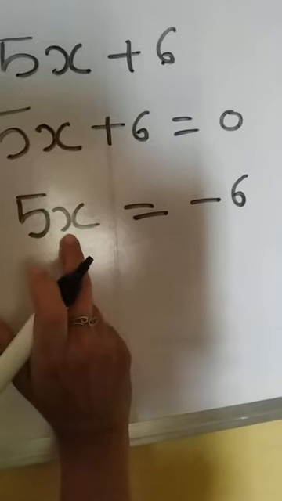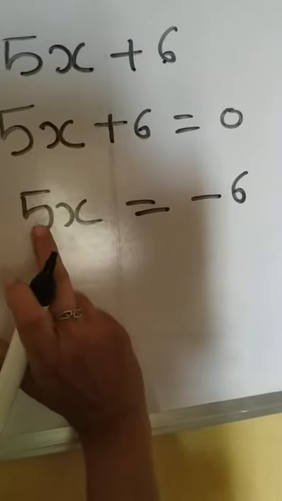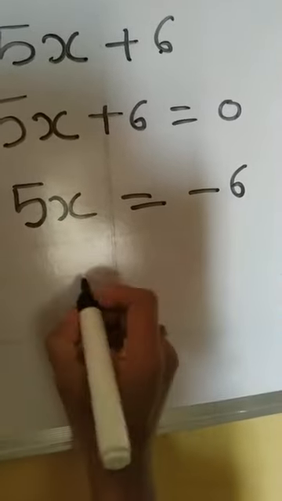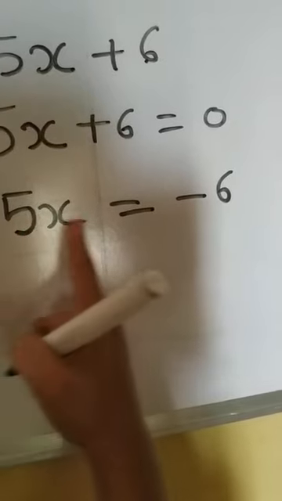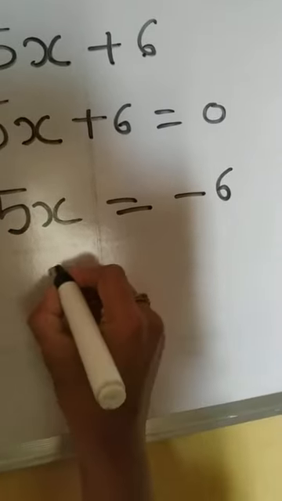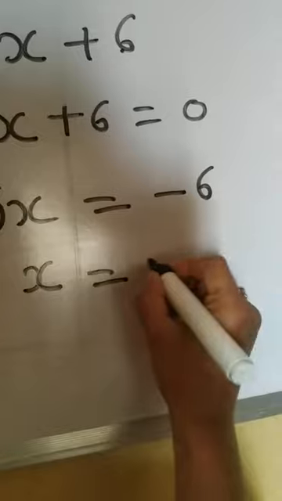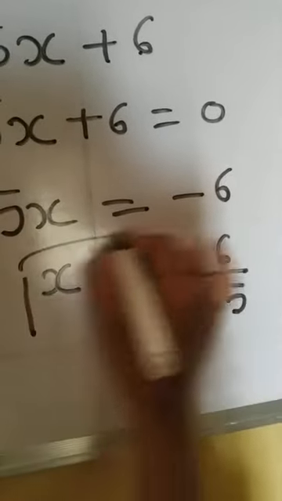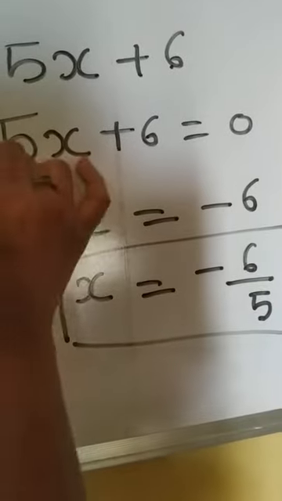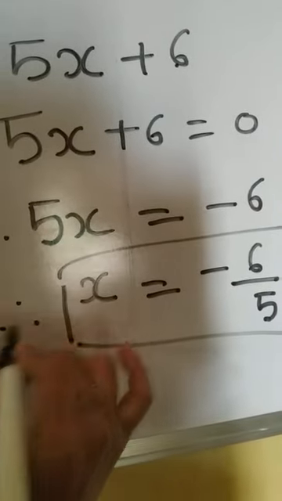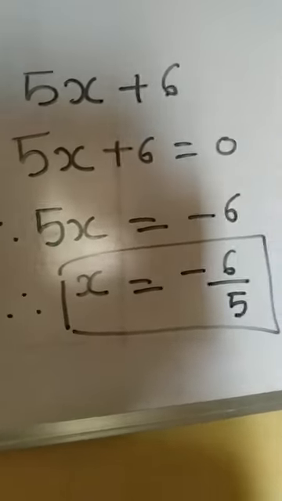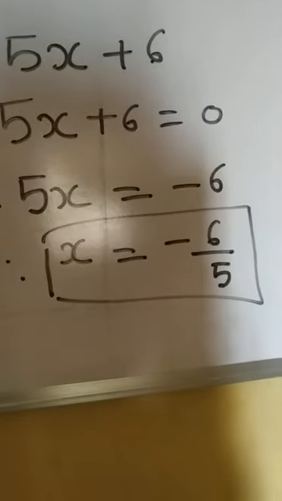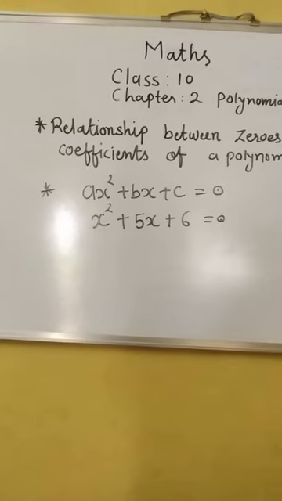Again the x is not alone, so we have to shift this 5 too. It is in multiplication, it will come here and it will become divides. So value of x will become minus 6 by 5. So for the given polynomial 5x plus 6 having 1 zero, that is minus 6 by 5.